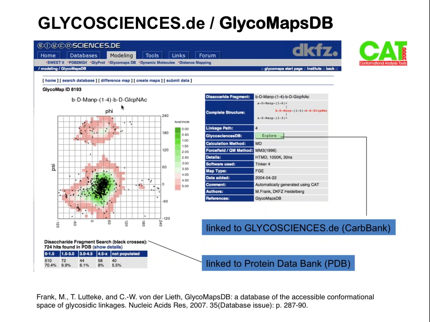We can see that many of these linkages fall into a very well-defined area. There are some outliers, and it is usually very important to check whether this is a real, scientifically valid outlier, or just an artifact in the crystal structure, where the crystallographer just didn't pay enough attention to refine that pose.